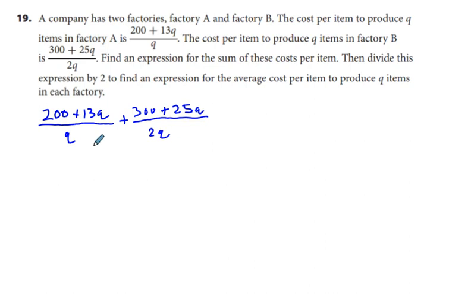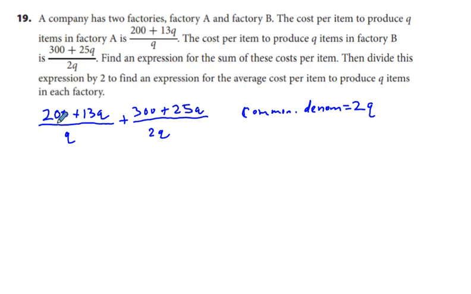So basically, our common denominator we want to be 2Q, right? I'll put here: common denominator is going to be equal to 2Q.